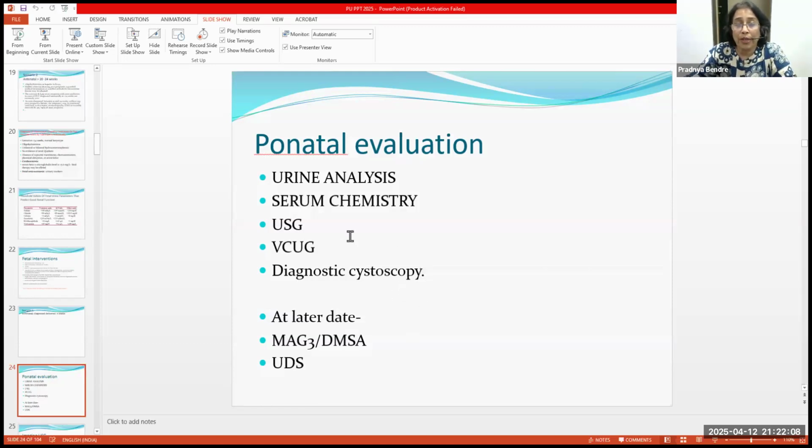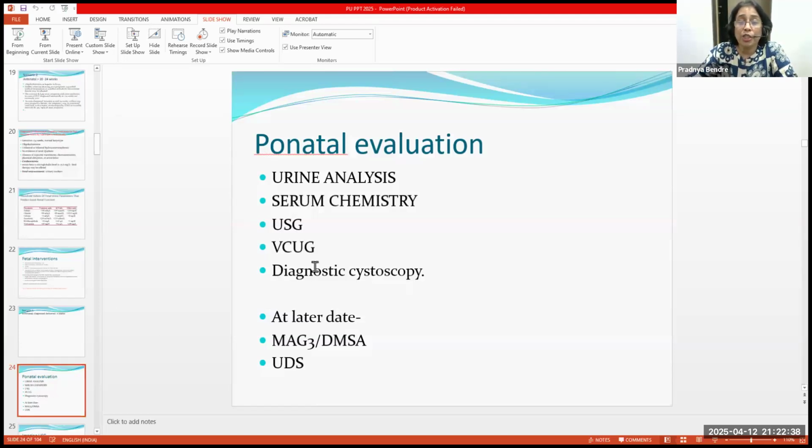If after 48 hours the serum creatinine is in an acceptable range, urine analysis is normal, and sonography confirms that it is a posterior urethral valve, I would rather do the VCUG in the operation theater. For corporate centers where hi-fi facilities are available, they can do VCUG before posting the child for surgery, and then take a call about the diagnosis.